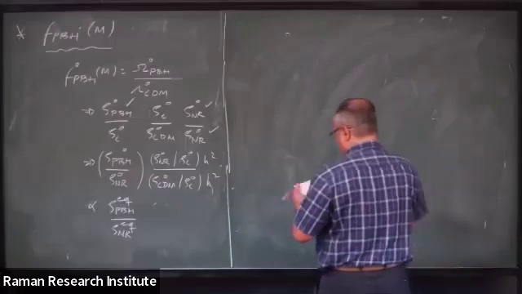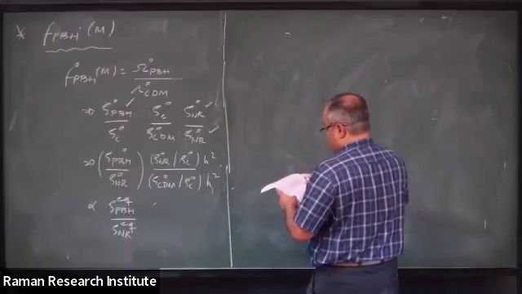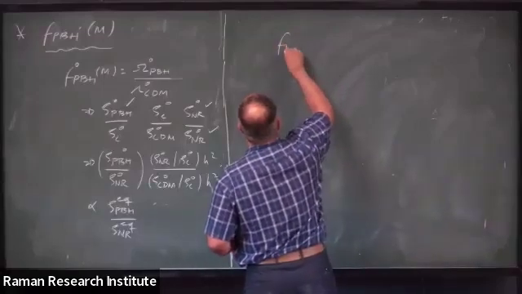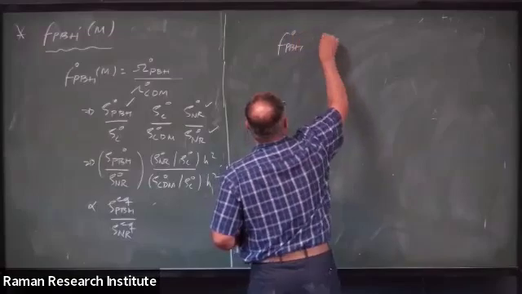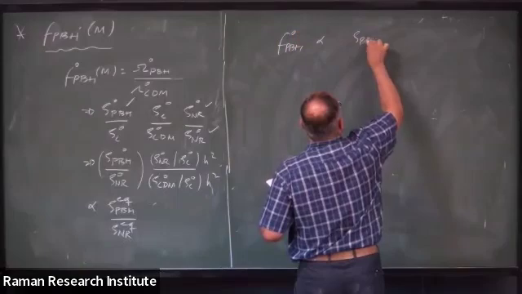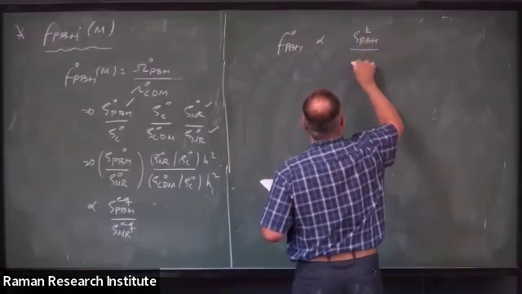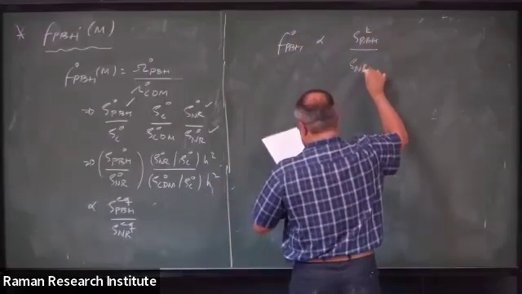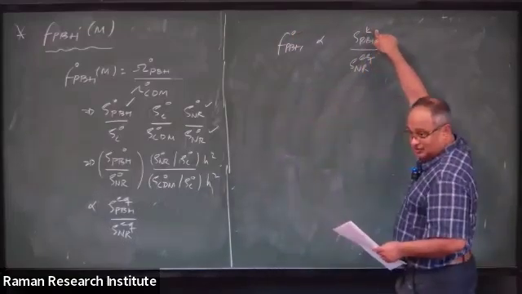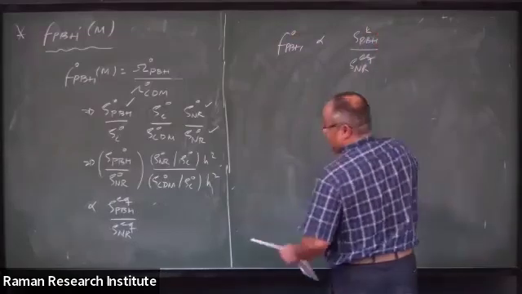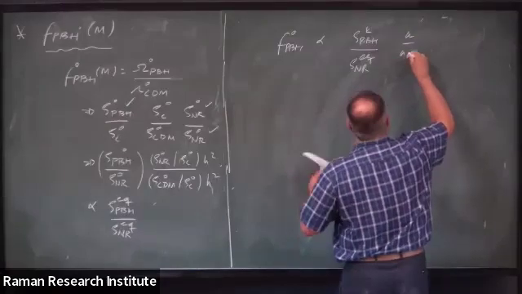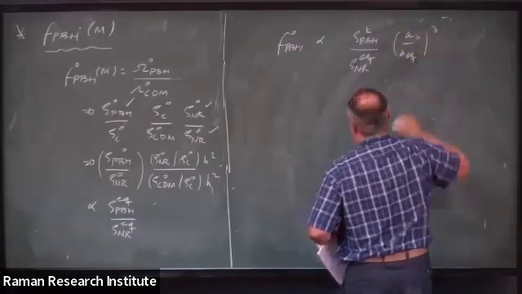So what do I have now? This FPBH naught is proportional to rho PBH of k. I'm retaining the NR equality. Rho PBH at the time of formation is diluted by a_k by a_equality cubed.